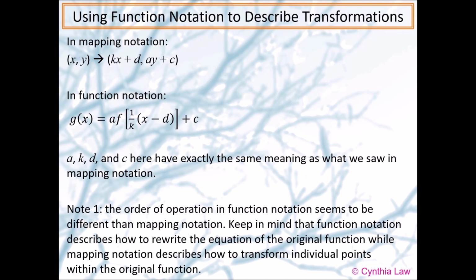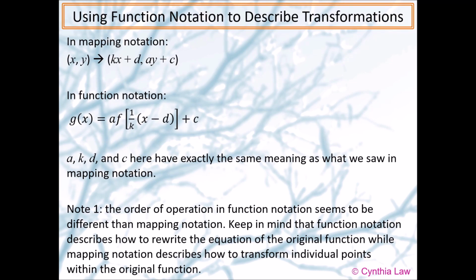In the function notation, x is subtracted by d first before being divided by k. So we are actually performing the opposite of what we see in the mapping notation in terms of the order of operations. In the mapping notation, we multiply by k. In the function notation, we divide by k. In the mapping notation, we add d. In the function notation, we subtract d.